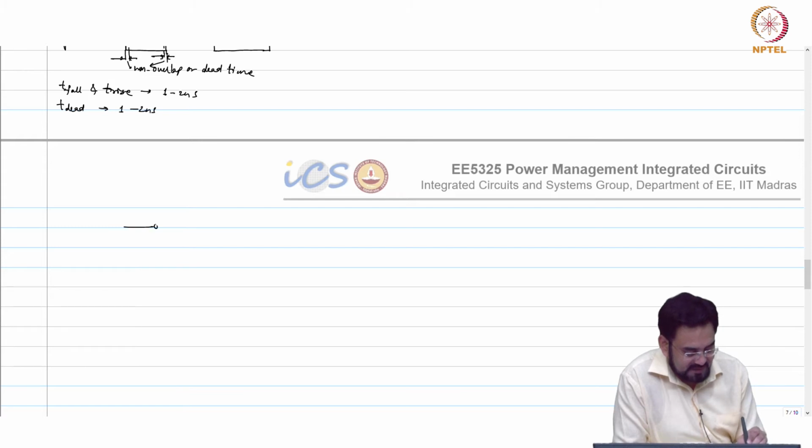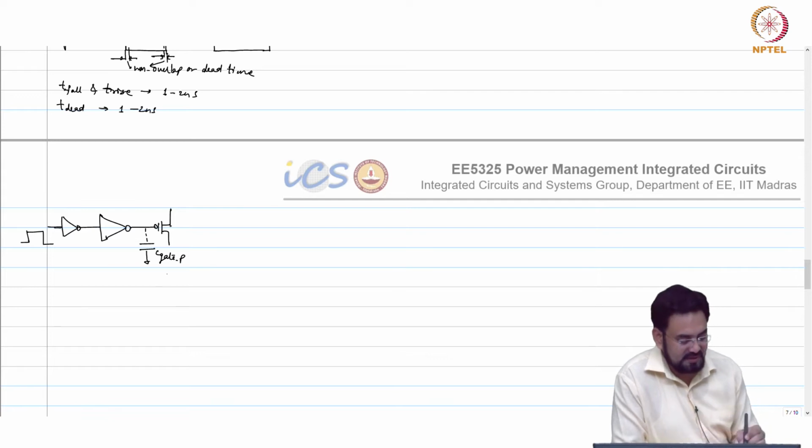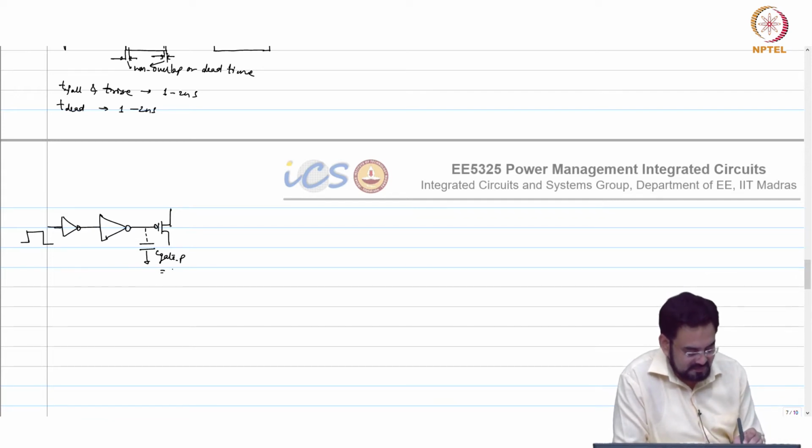So now for this FET, if this is your buffer, it means you have two inverters, then you have another inverter, and this is your C gate P, and let us assume this is 25 picofarad.